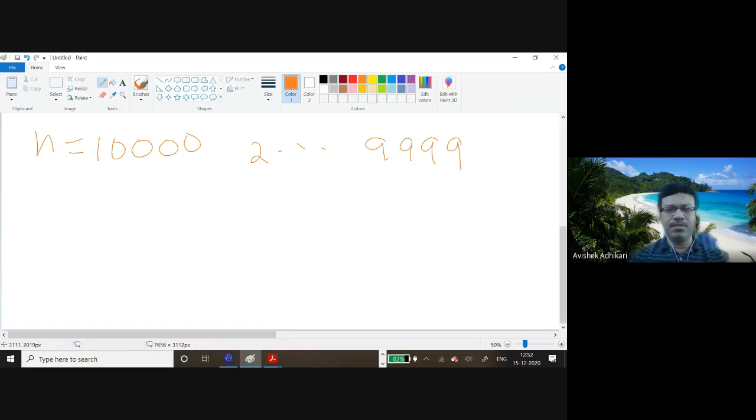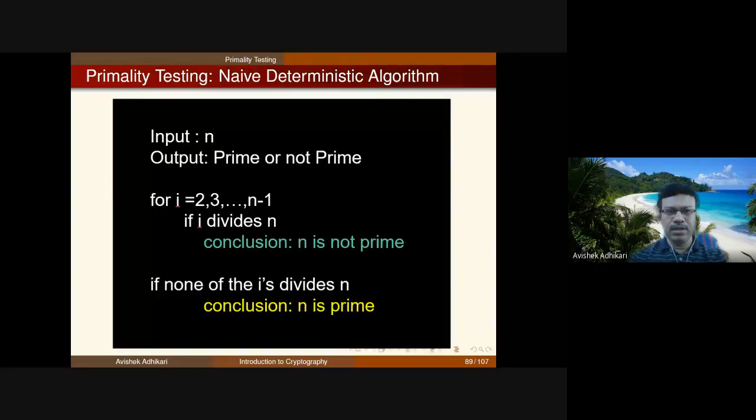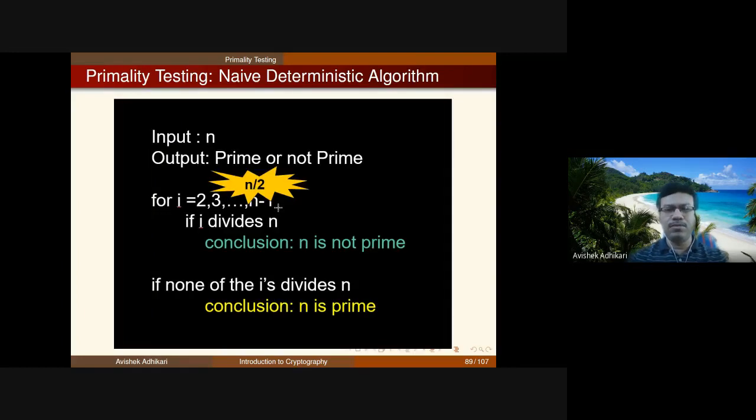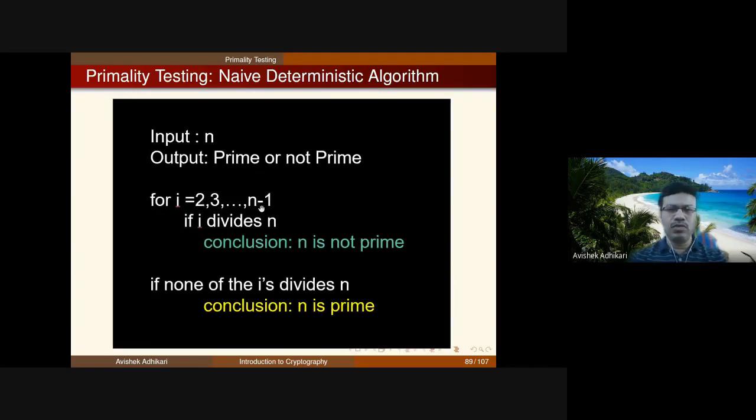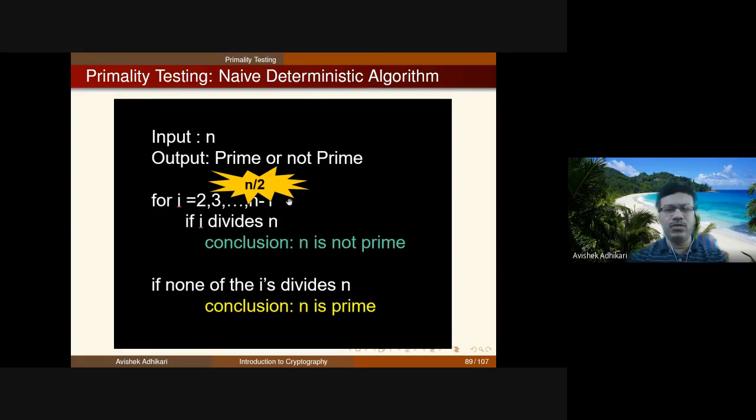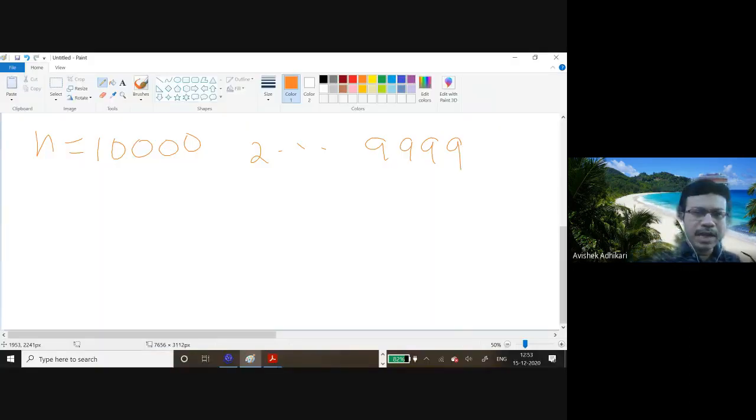We can have some more efficiency in terms of runtime. Somebody may say, I may not go from 2 to n minus 1, but instead I will go up to n by 2. That means i will vary from 2 to n by 2, which means around 5,000.